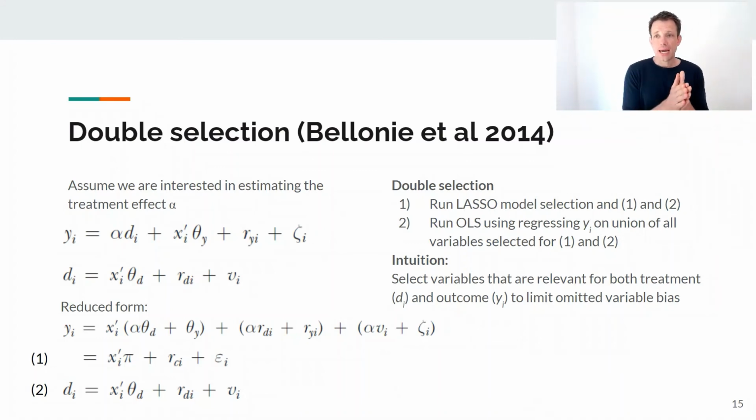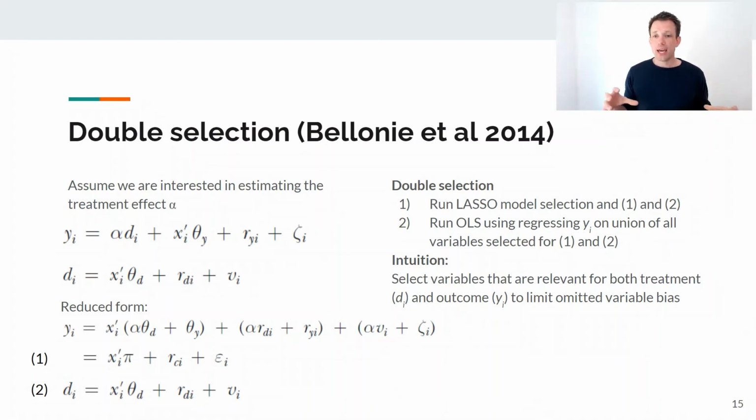Then the idea of double selection is that you take these two reduced forms and run Lasso model selection on each of them. So you explain wages by the confounders and work experience by the confounders and apply Lasso, and you select those variables that are relevant in the first case and those that are relevant in the second case.